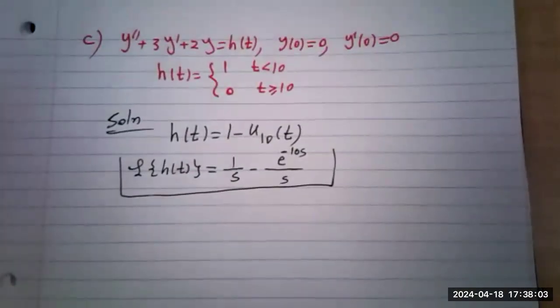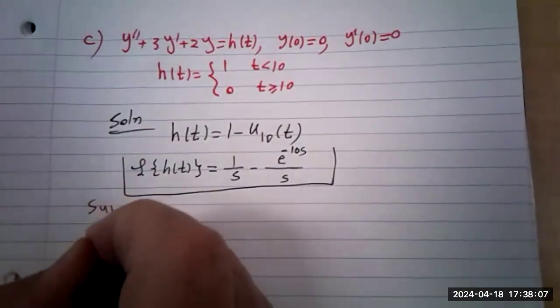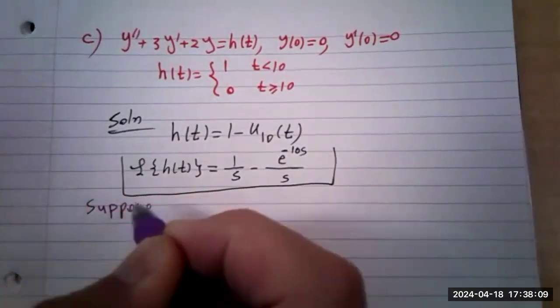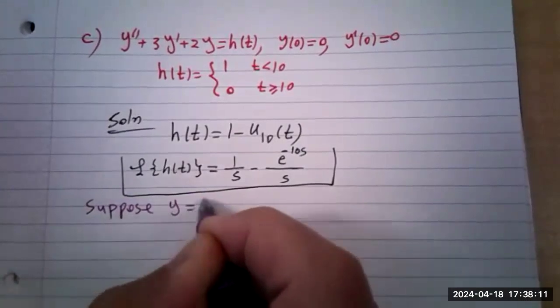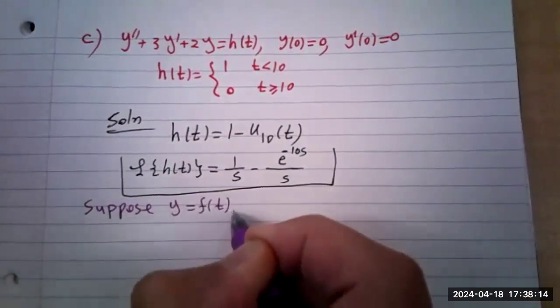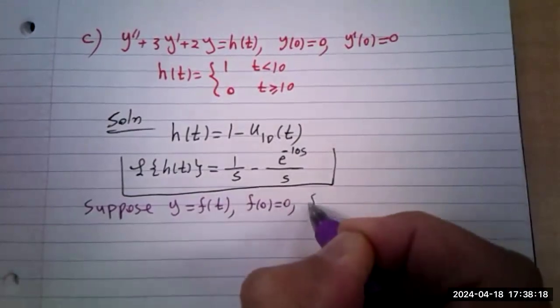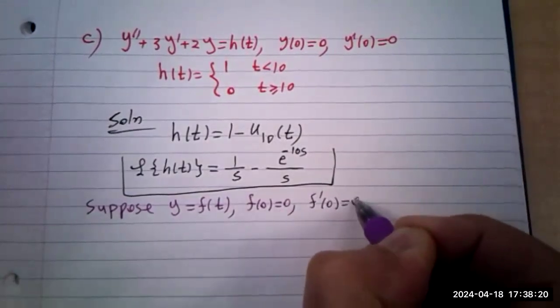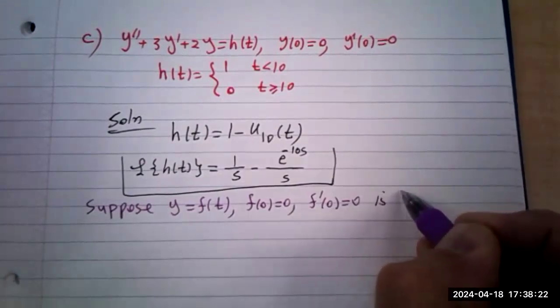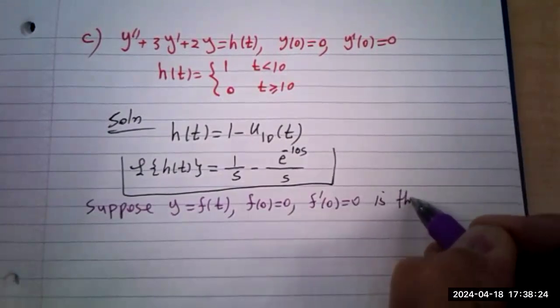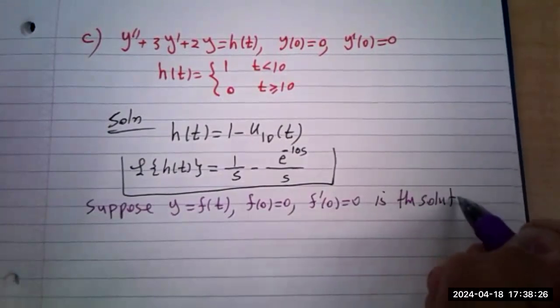Go back, get the Laplace transform. Suppose we have a solution, I changed the notation: y equals f(t), with the conditions f(0) equal to 0 and f'(0) equal to 0, is a solution with these conditions.